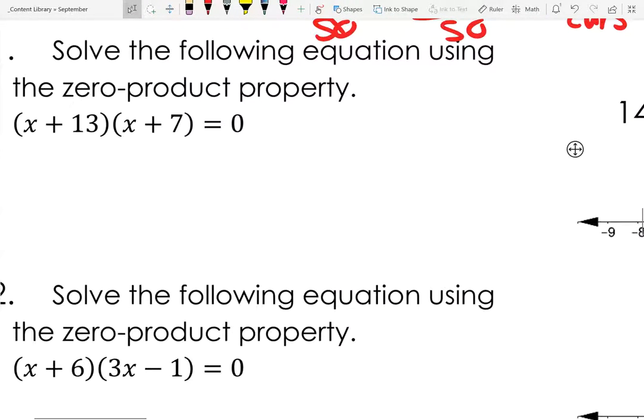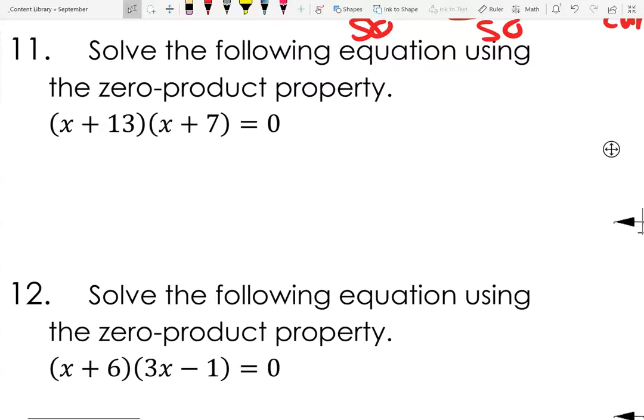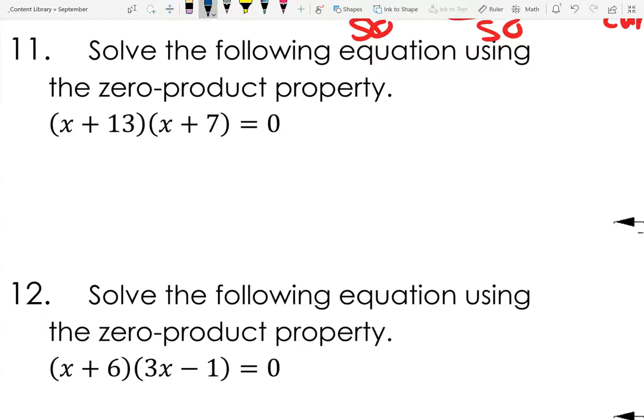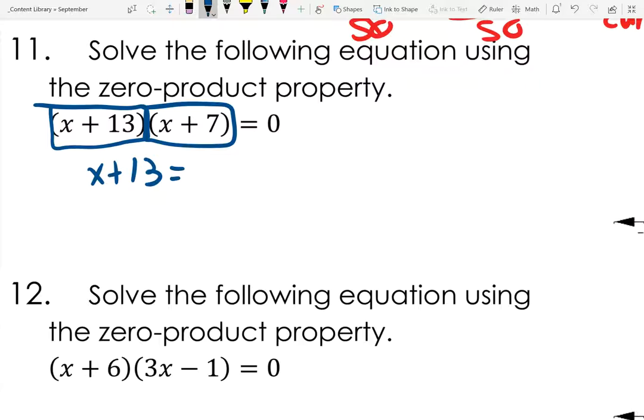All right, number 11. So solving using the zero product property is rather simple. All you need to do is take each part that's broken down and create its own equation equal to 0. So x plus 13, make its own equation equal to 0, and then x plus 7 needs its own equation equal to 0.